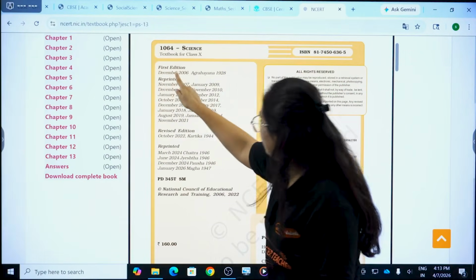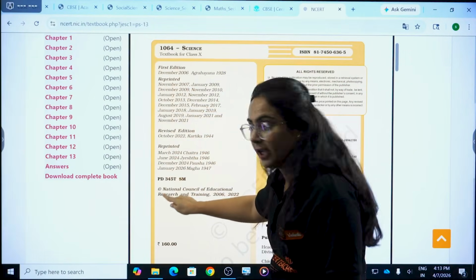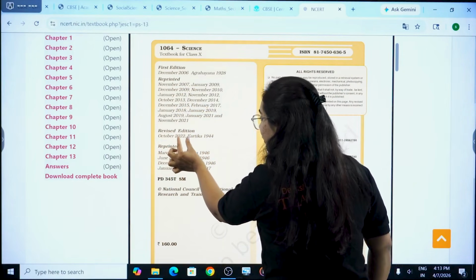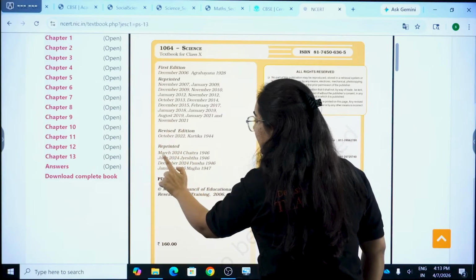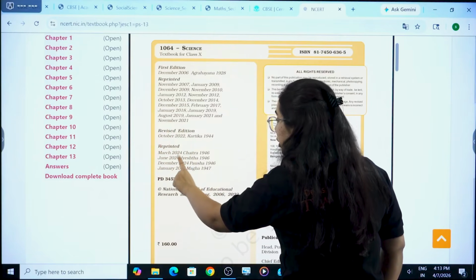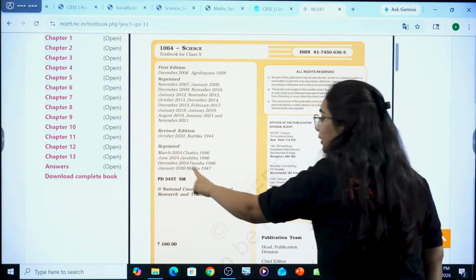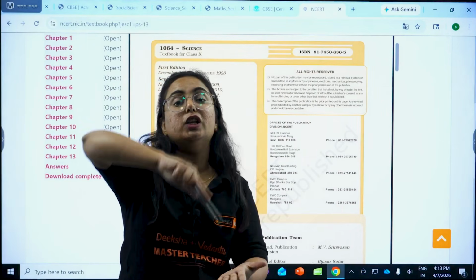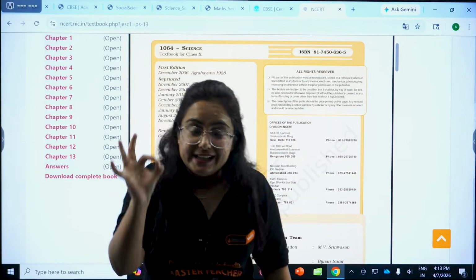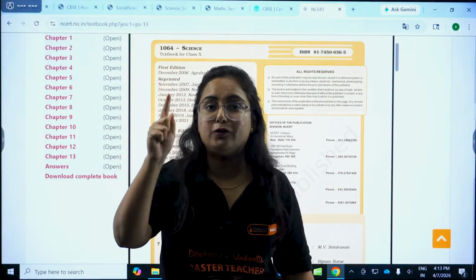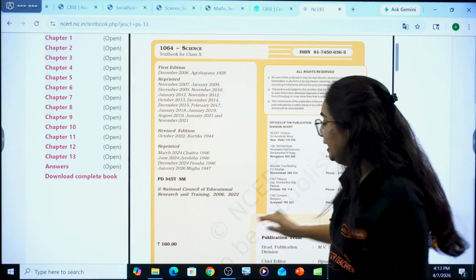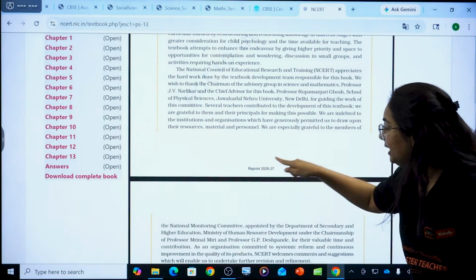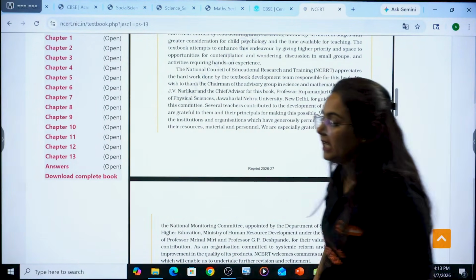So here are the revised editions and the books being reprinted. Your book was revised in October 2022, and it was reprinted in March 24, June 24, December 24, January 26. As this book is reprinted in January 26, it is for the new academic session. That clearly indicates we have to choose new, reprinted books, because when you see this book, it is written, reprint for the session 26 to 27.